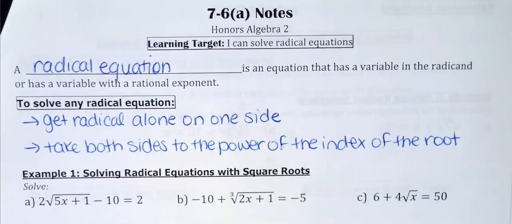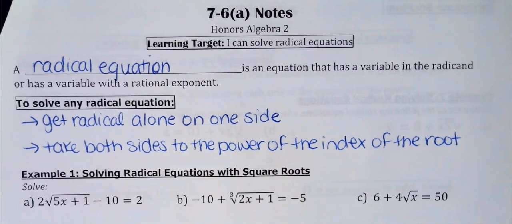So if you're working with the square root, you square both sides. If you're working with the cube root, you take both sides to the third power to cancel it out. If you're working with the fourth root, you take both sides to the fourth power to cancel it out. The main tricky part is you've got to get the radical alone first and then apply that squared, cubed, fourth, whatever you're working with in the problem.